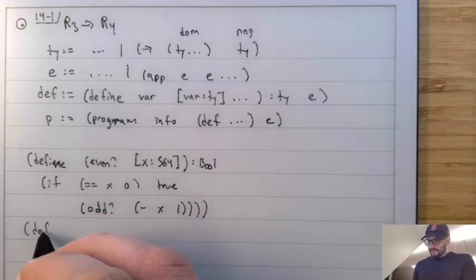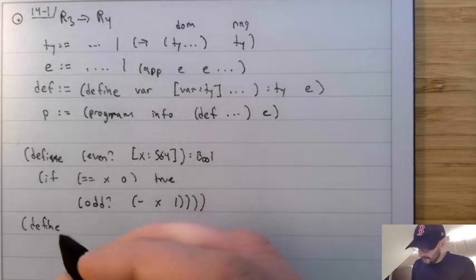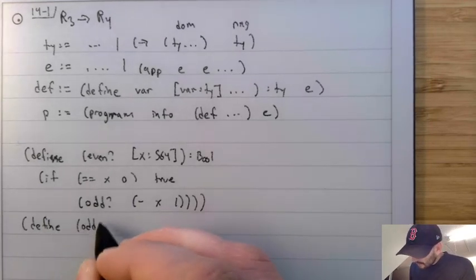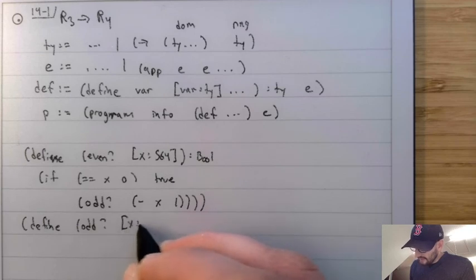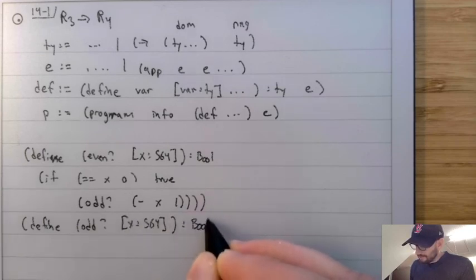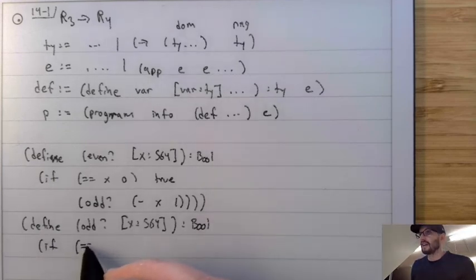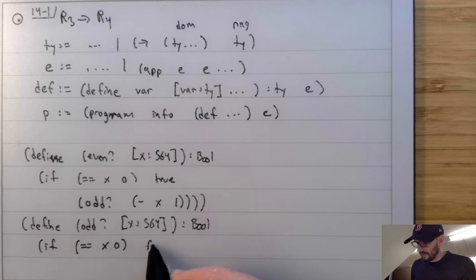And then another define for odd that says x of S64, bool, and then we'll have an if of x equals 0, and we'll say false. And then otherwise, we'll say even? of x minus 1.